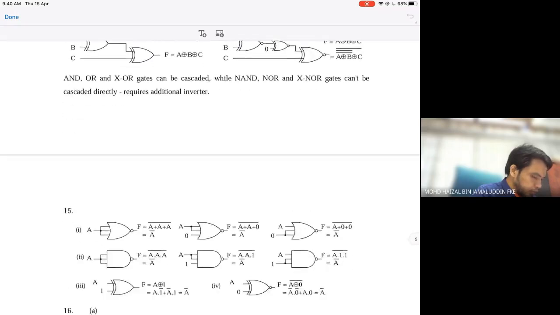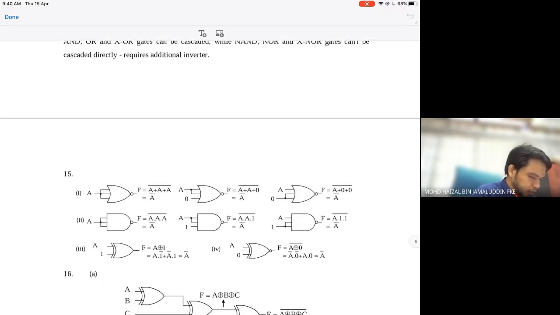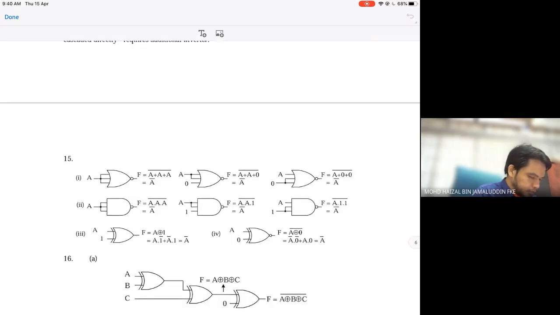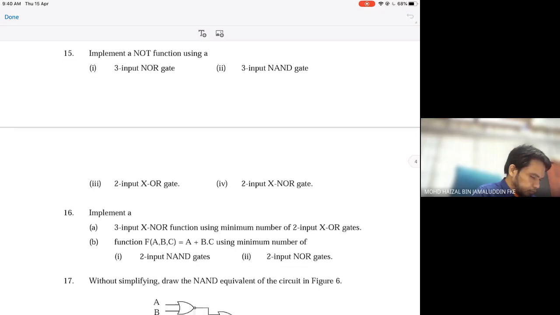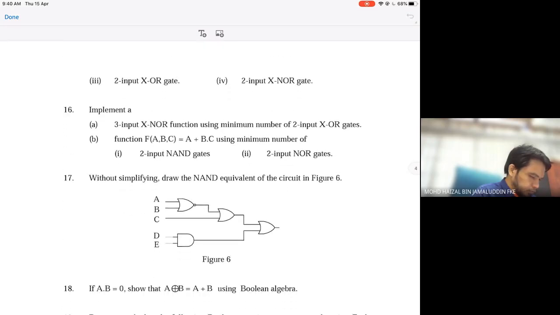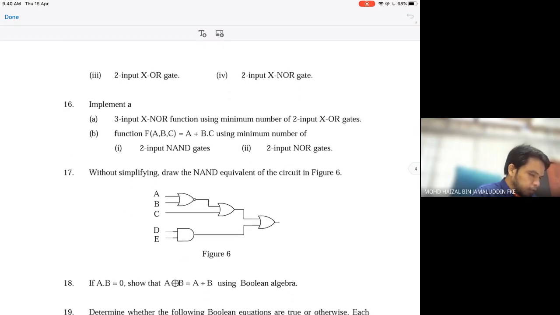And question 15 is something you need to think about and play around with the Boolean equation. Sometimes the question also asks to use only NOR or only NAND gates, without other gates.